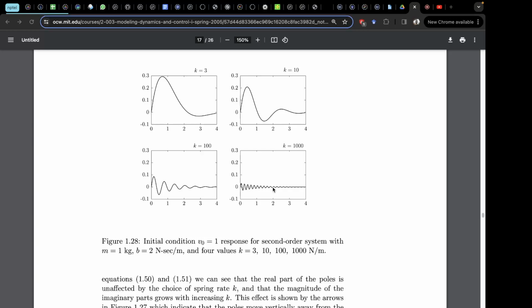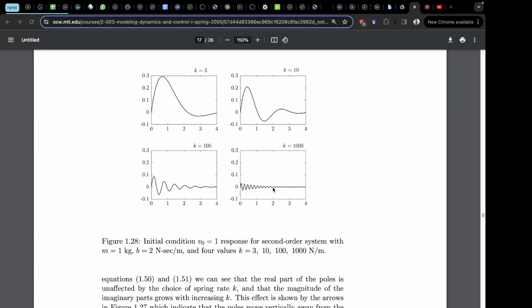And what about the amplitude? The amplitude is the least in the fourth case, right? The k is equal to 1000. The amplitude is least because stiffness is very high, right?